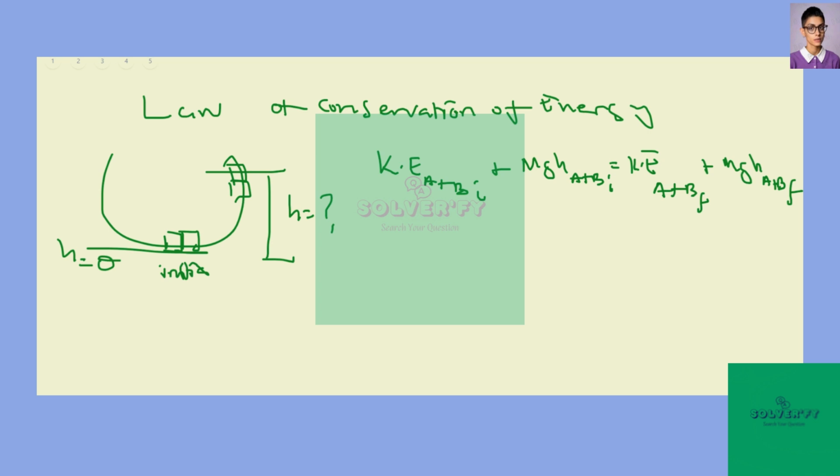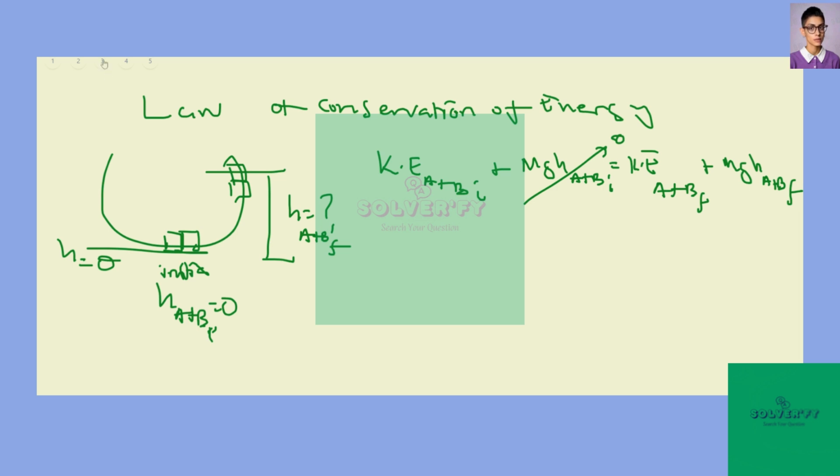At the initial level, the initial height of A and B is 0. This is the final height of A and B. So if the initial height is 0, this is going to be 0. When they stick together, we're going to compute the initial kinetic energy.